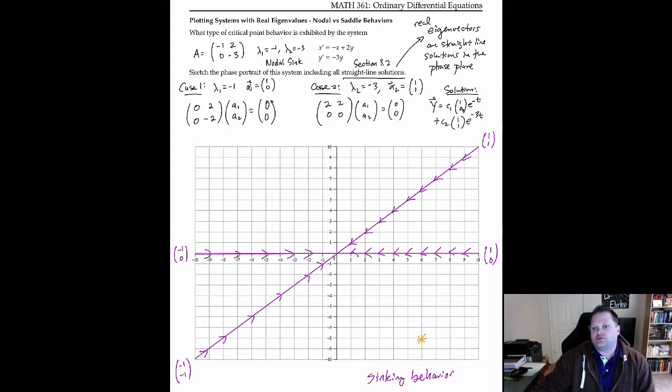So the 1, 0 vector is always going to be bigger in magnitude compared to the negative 1, 1 vector as we approach time equal to infinity. So we are going to get pulled closer to 1, 0. And then the opposite is true away from the origin. If we go back in negative time, this one is much bigger for negative values of t.